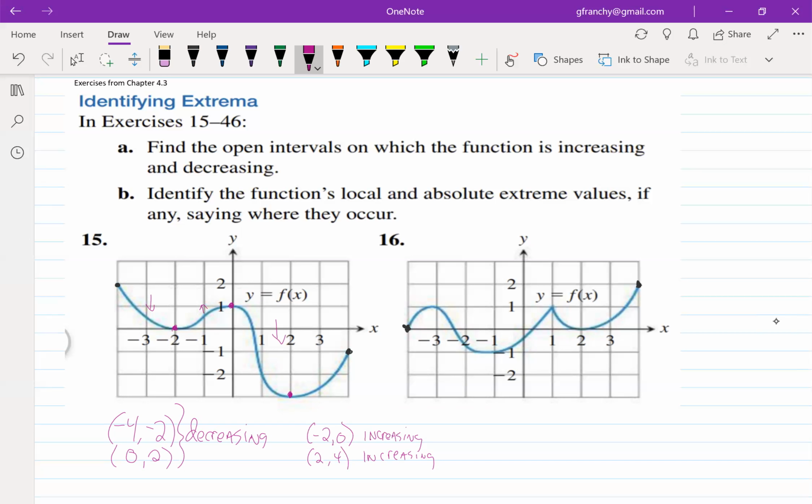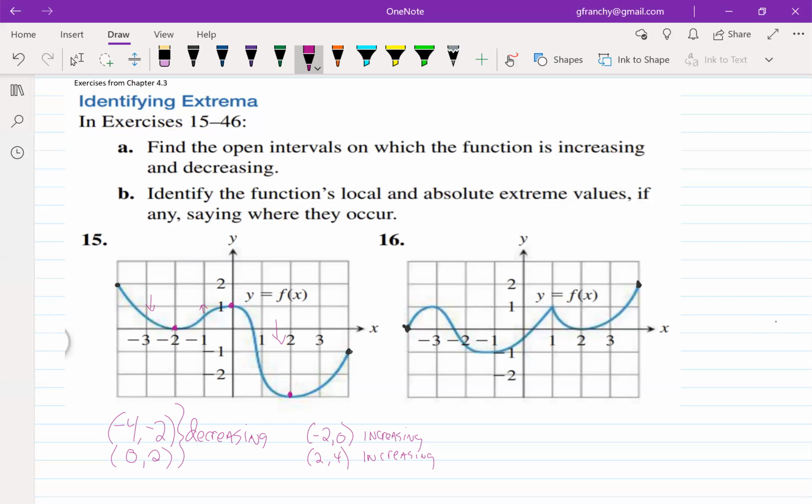And then next they ask us to find and identify any local and absolute extreme values. Where we're getting changes in the signs of the derivative, we're going to have at least local minimums and maximums.